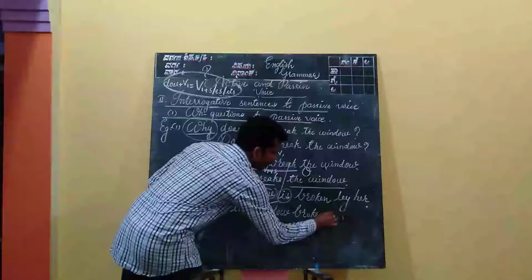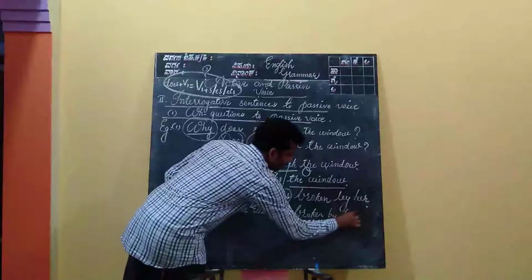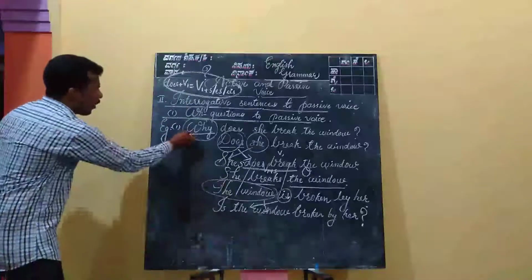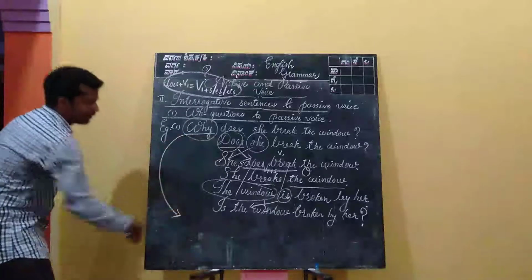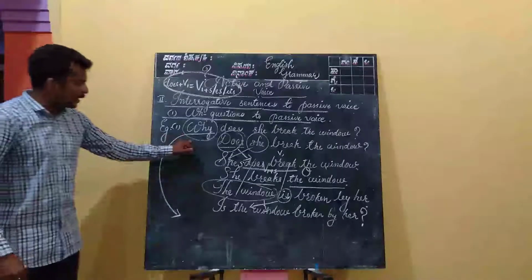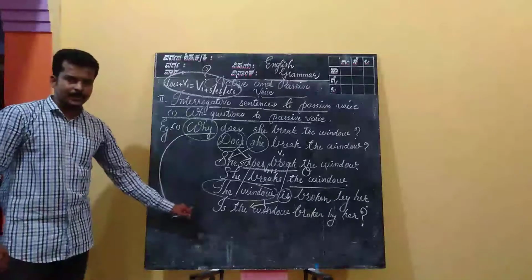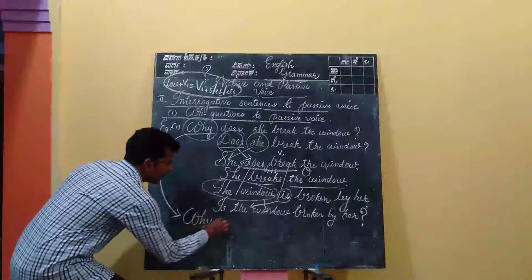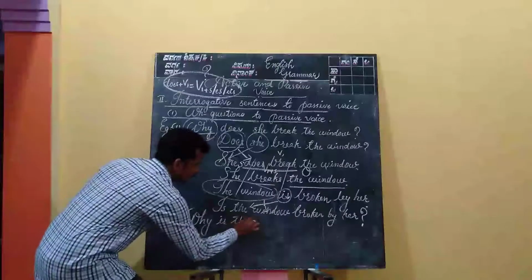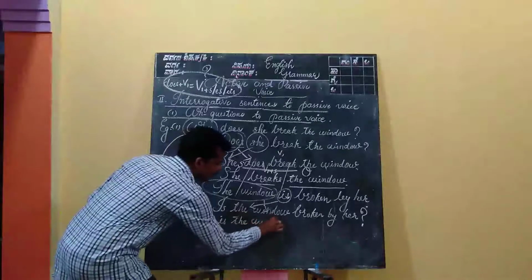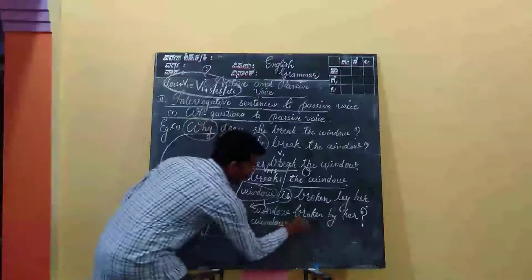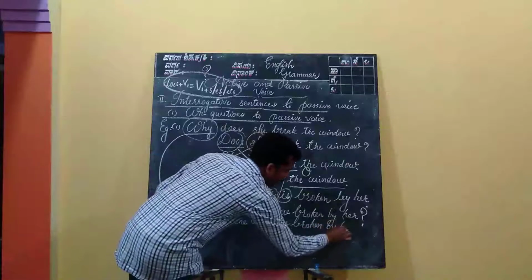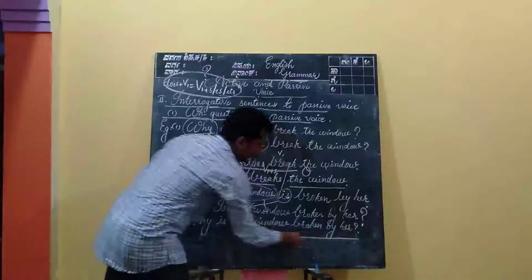Is the window broken by her? Question mark. And the last step: call this WH word back. Just add it at the first of the sentence. So how does it become? Why is the window broken? Why is the window broken by her? Now the answer is ready.